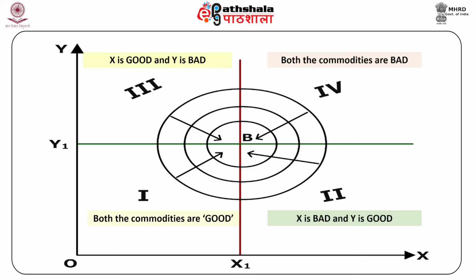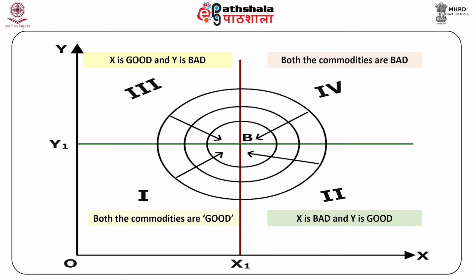In the figure, different shapes of the indifference curve are shown in 4 possible situations. In zone 1, both commodities are goods and thus the indifference curves have the normal shape. In zone 2, commodity X is bad and Y is good, and therefore the indifference curves are upward sloping. In zone 3, X is a good while Y is a bad, and this is shown by upward sloping indifference curves. In zone 4, both commodities are bad and thus indifference curves slope downward.